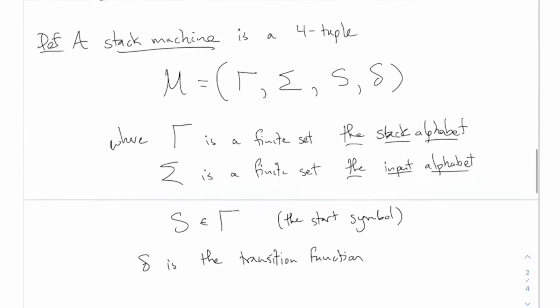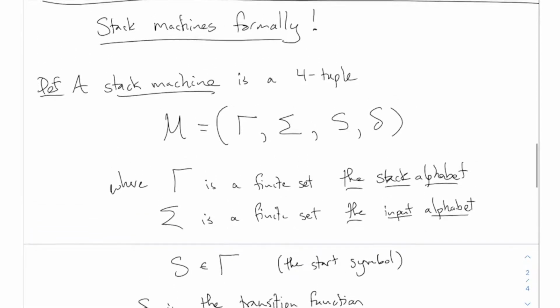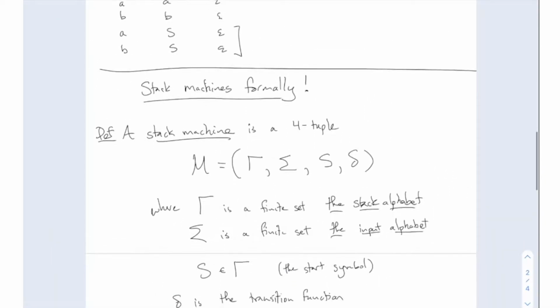The idea is that each value of delta represents one of these rows, and the way we translate, say, that row into delta would be something like delta of A, comma S equals the empty string, something like that. Although I'm going to sort of put this in quotes. That's not quite exactly how it would be represented, but the two columns there represent, we write them as a pair, A, comma, S. And then the answer is something.